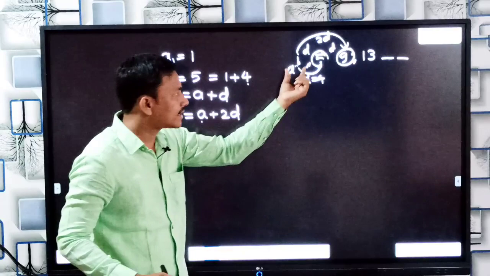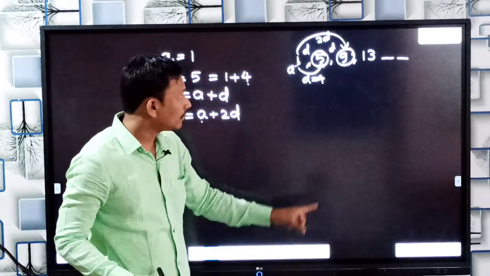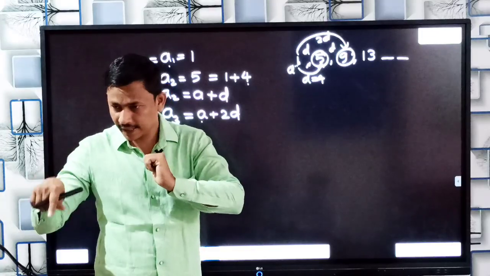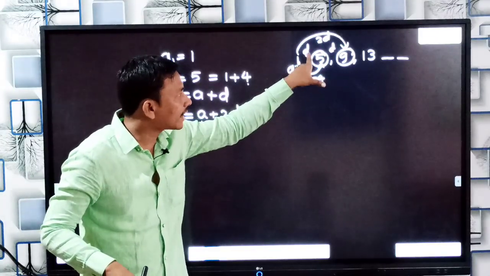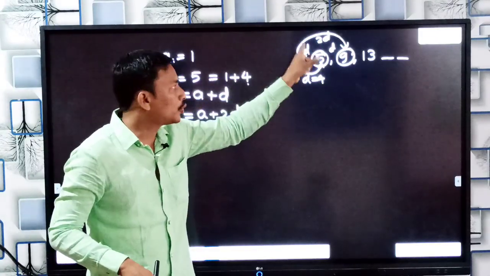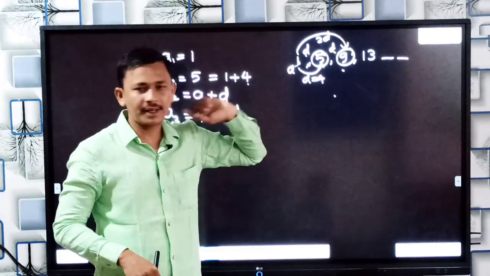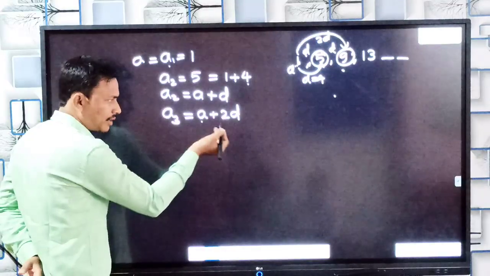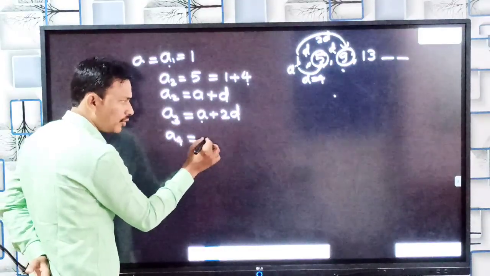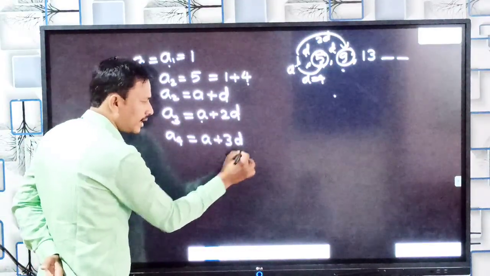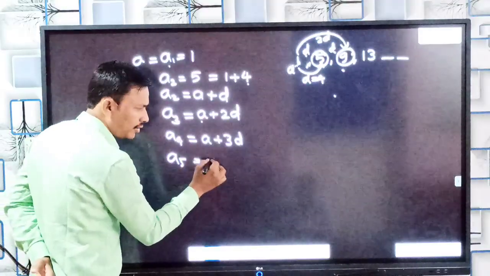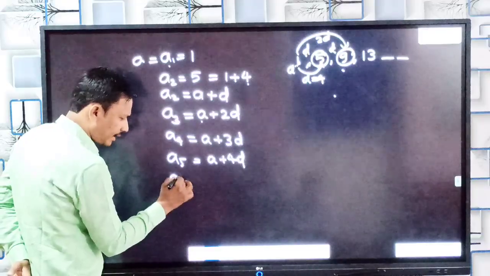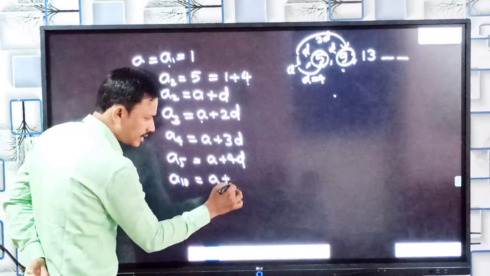To get the second number, we need to add 1 time d. To get the third number, add 2 times d. Understood? That means A3 is equal to A plus 2d. A4 is equal to A plus 3d. A5 is equal to A plus 4d. A10 is equal to A plus 9d.